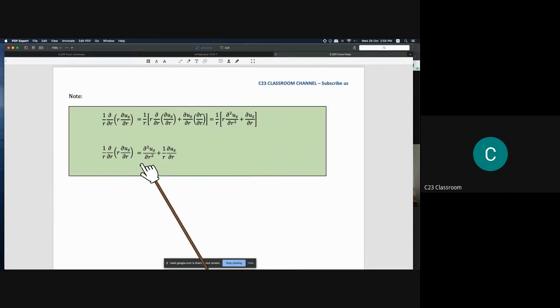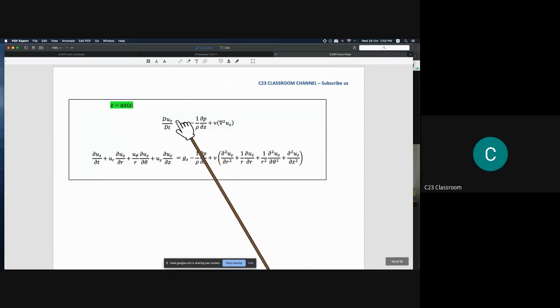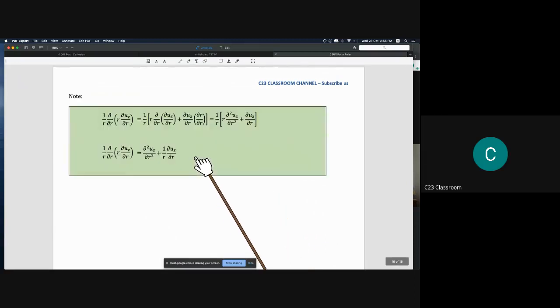In some textbooks other terms are written differently, for example 1 over r del dr. If you see this term in some textbook, they will write this one, which is equal to the above one.